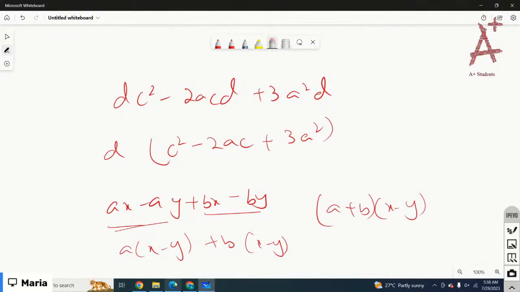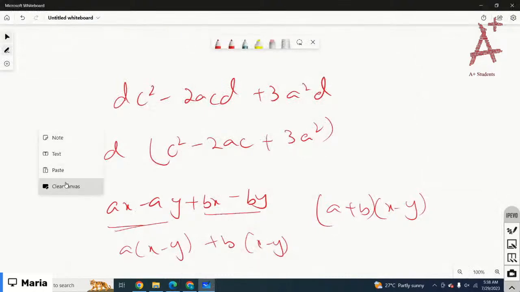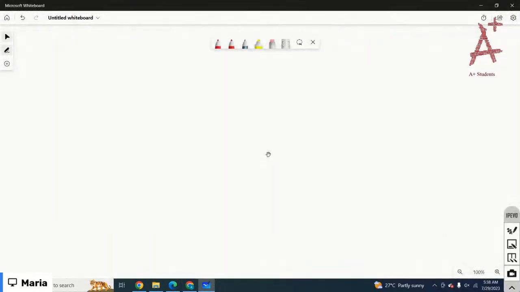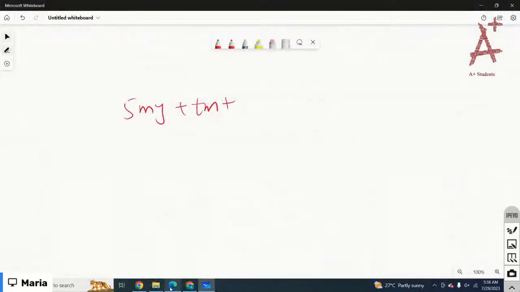Okay, the next one is 5my plus tm plus 5ny plus tn.